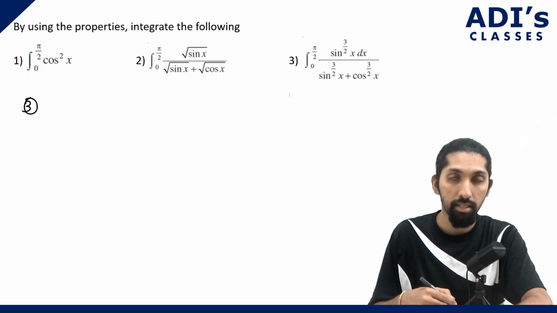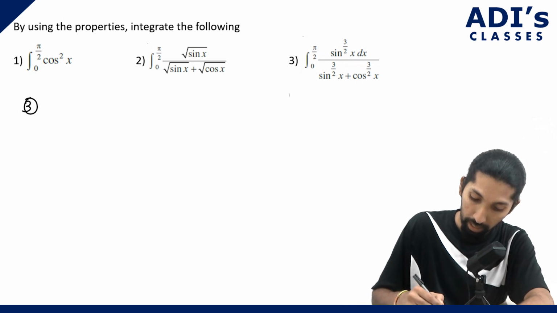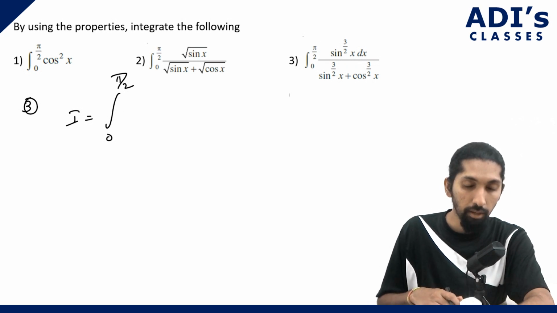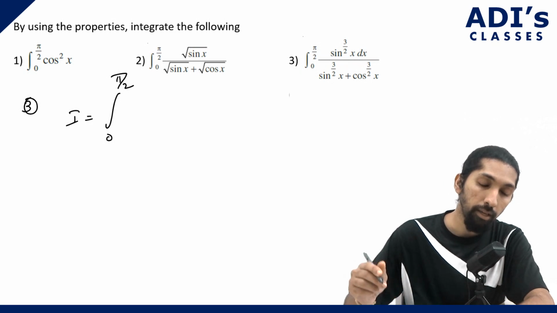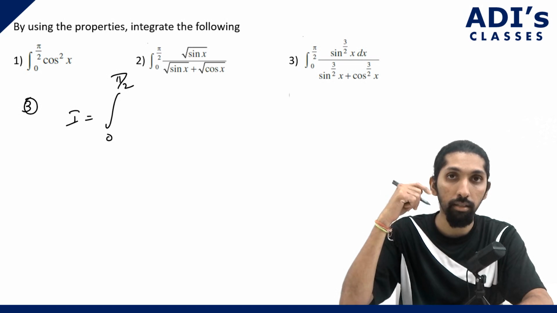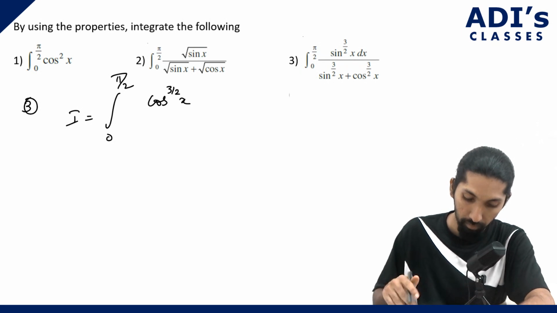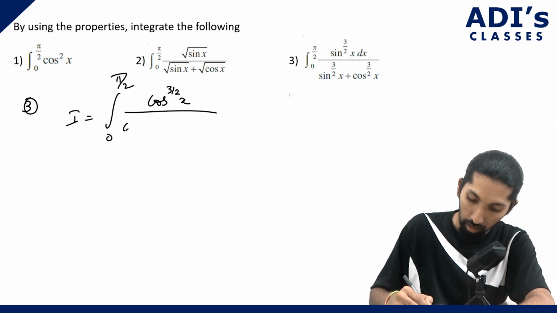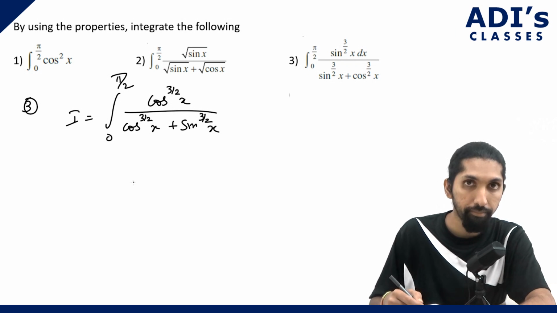Apply the property, all right? The same property we have been using for the last two problems. So you are going to get I is equal to integral 0 to pi by 2. Guys, if you directly write it, that is sine to the power of 3 by 2 x. And if you apply the limit property, then you are going to get cos power 3 by 2 x divided by cos power 3 by 2 x plus sine to the power of 3 by 2 x, correct?